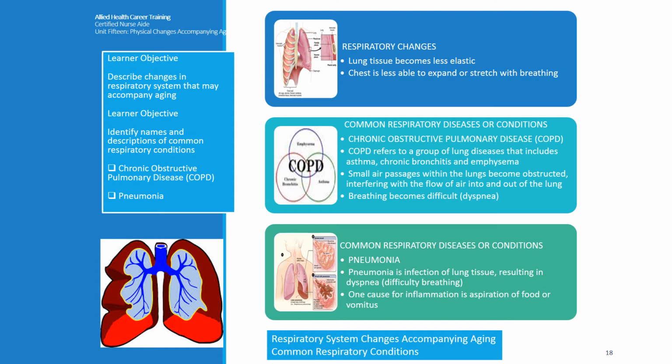So, when we talk about COPD being asthma, chronic bronchitis, and emphysema, asthma is just an inflammation of the trachea and the upper part of your respiratory system. Chronic bronchitis is an inflammation of those bronchi that split off and go to the different parts of the lungs, so it's a little bit deeper.